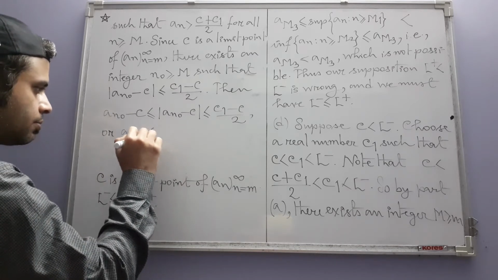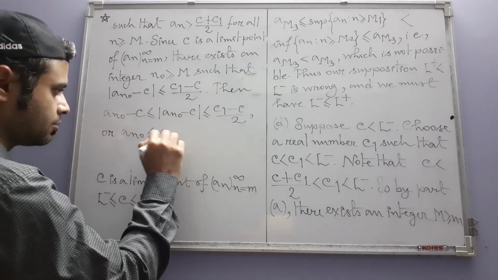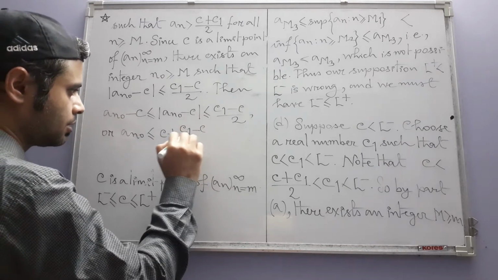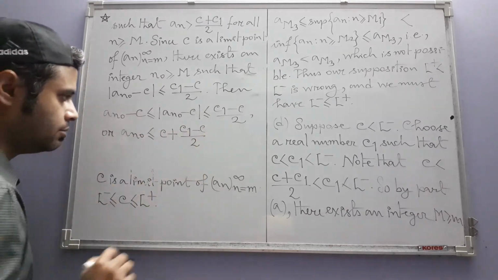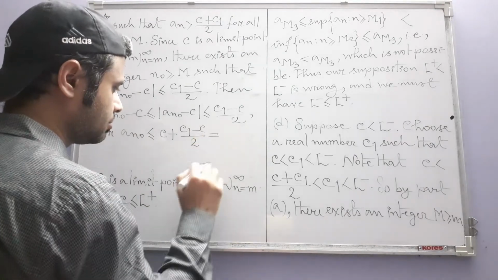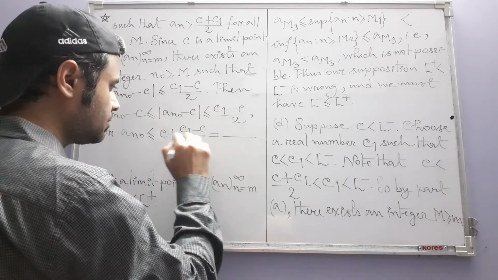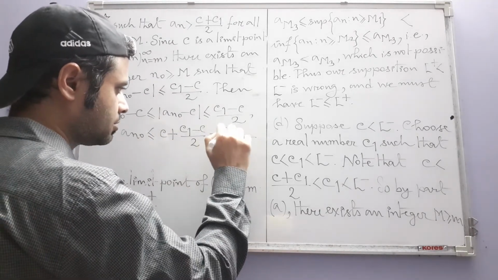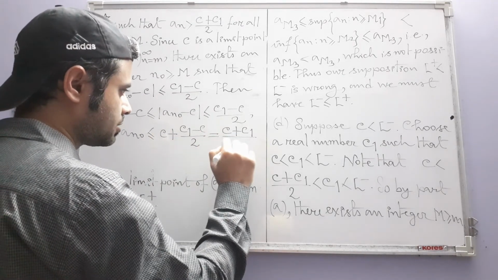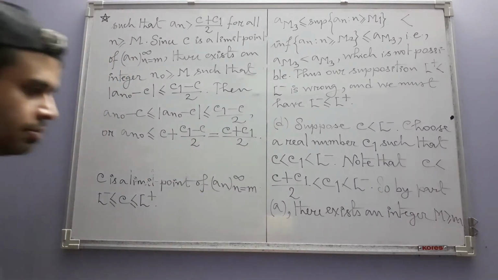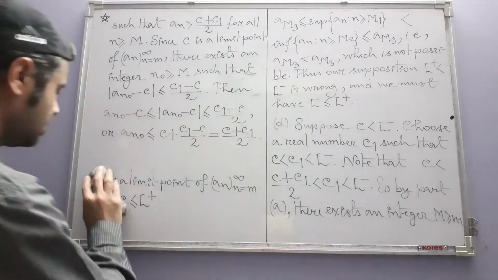an naught less than or equal to c plus c1 minus c divided by 2, and if you simplify this a little bit, you get 2c minus c, so that means c plus c1 divided by 2. Now see what we have got.